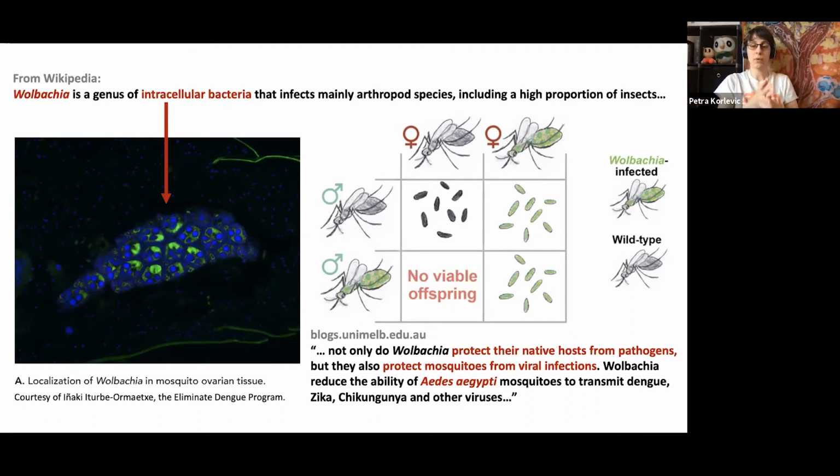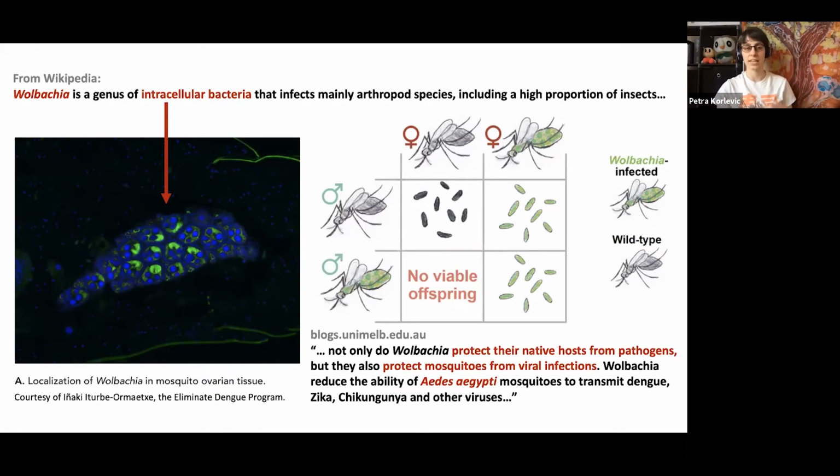And why is that important? Because Wolbachia gives you better chances of survival. That's one plus. But also, it's basically like a second immune system. It protects its mosquitoes from pathogens. So if the mosquito is infected with Wolbachia, it's less likely to get all of the other viral infections to grow in it.